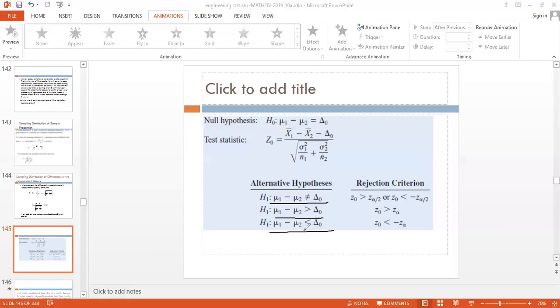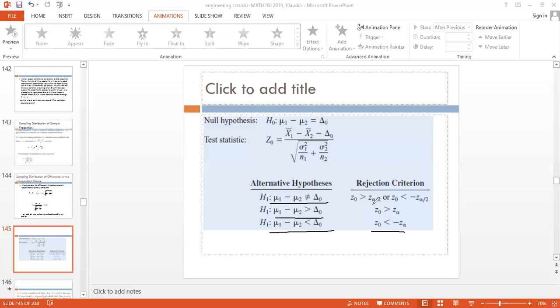If it is less than the difference, then we are talking about a one tail left hand test where the rejection is on the left hand. If we are talking about greater than, then it is a right tail test, where the rejection is on the right hand. And if we are talking about not equal to, then it is a two tail test, where the rejection is on both sides.